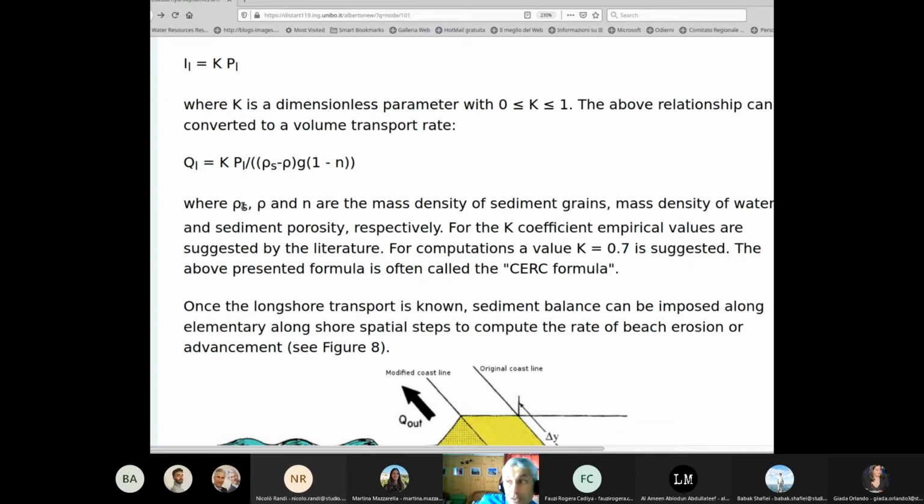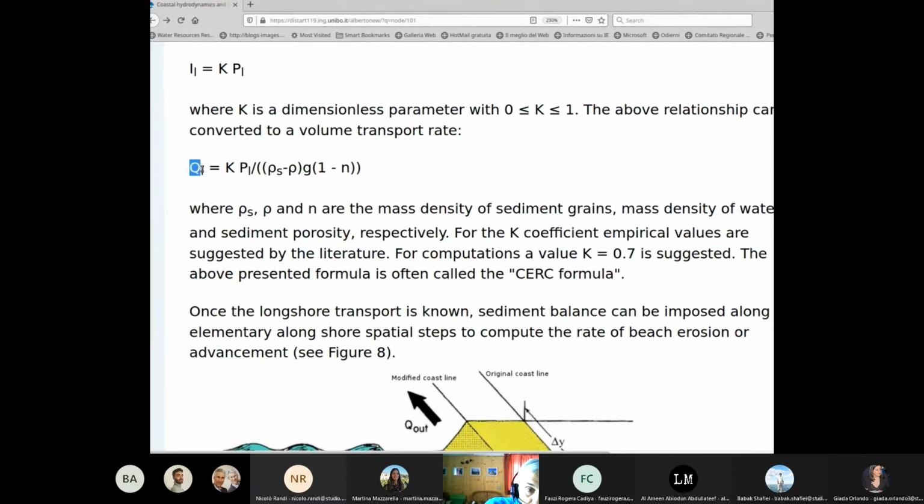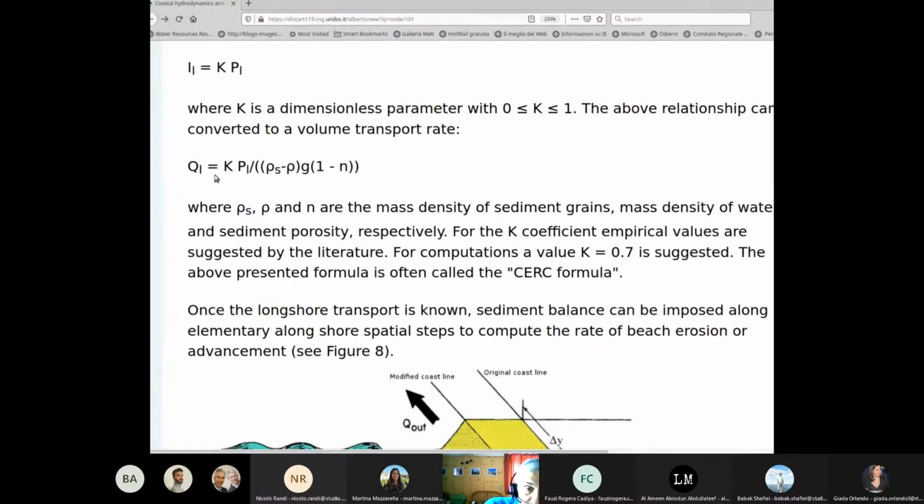You are not interested in knowing that you are losing 10 kilograms of beach every day. You are interested in knowing that the coastline is moving back towards the land maybe 1 millimeter per day. And this is why very often you are more interested in what we call here QL. It's the volumetric transport rate.